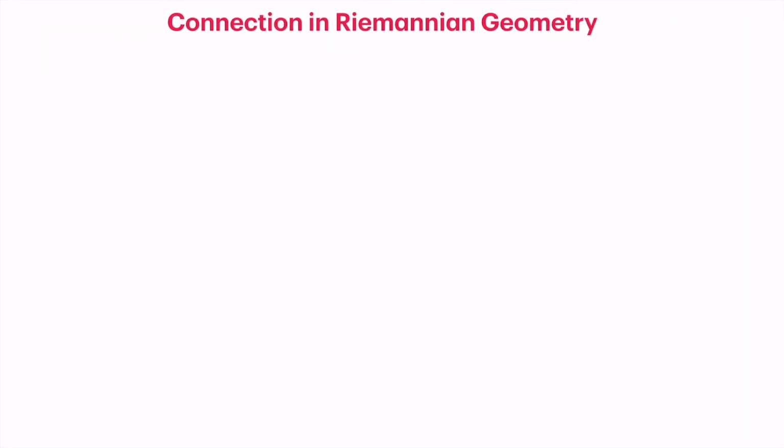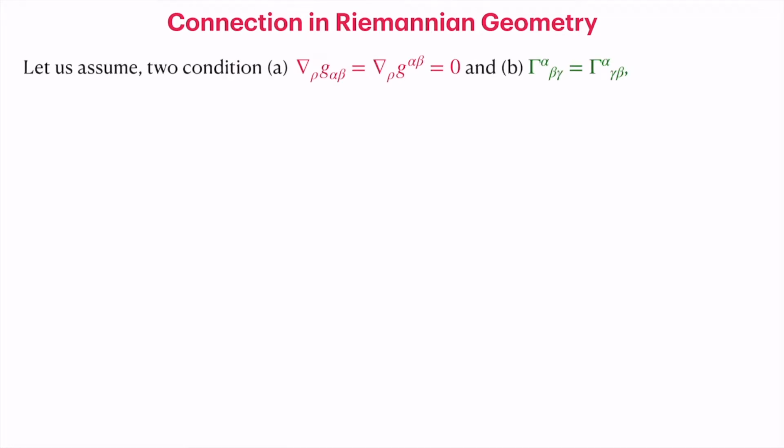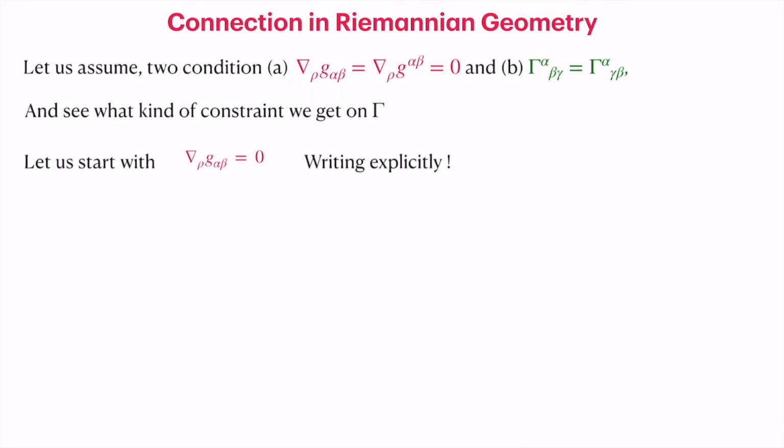Once it is clear what the conditions are to be used for the Riemann geometry, we can go ahead and use this constraint to define the connection in terms of the metric tensor. We start with the covariant derivative of the metric being 0. So let us explicitly write it down. It is a second rank covariant tensor, so it should have three terms. The first one is a partial differentiation with respect to the coordinate.